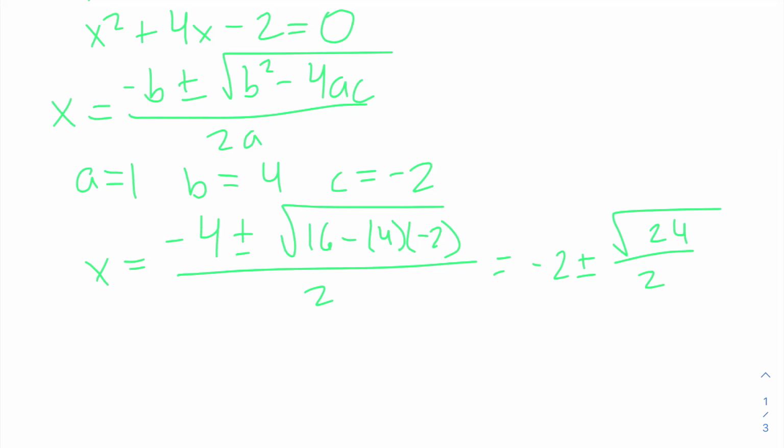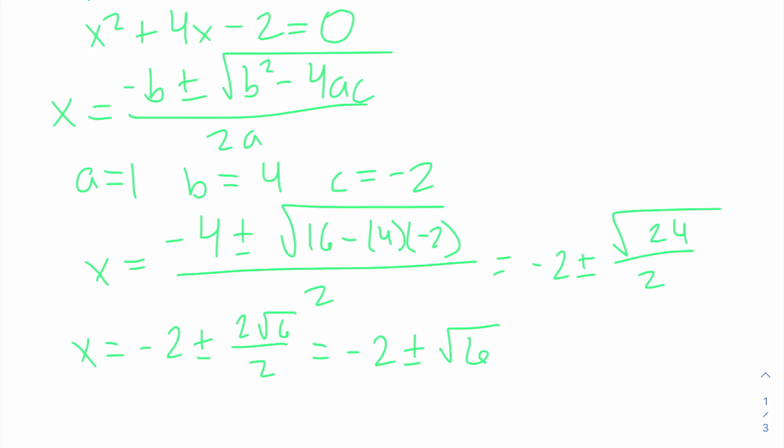Simplifying further, we get that x is equal to negative 2 plus or minus the square root of 24, which is just 2 root 6. So we get 2 root 6 over 2, which is equal to negative 2 plus or minus the square root of 6.